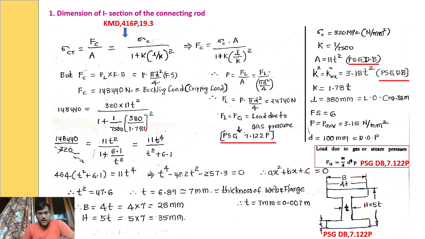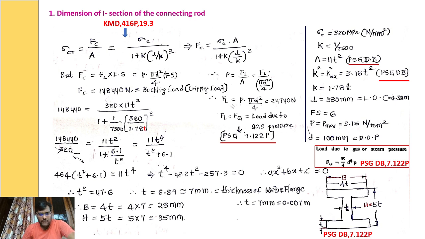But to find out the t value, here we need the Fc value, where Fc is the buckling load. Here we have one more formula, Fc is equal to FL into factor of safety. So gas load into factor of safety. Here FL or FG, G for gas, L for load. So you can use FL or FG, the load due to gas pressure.